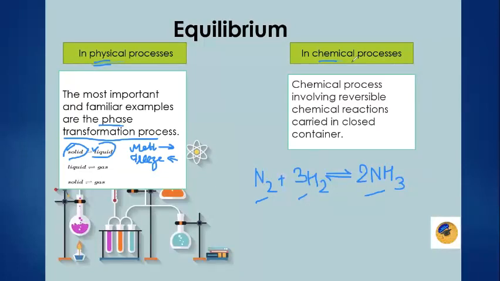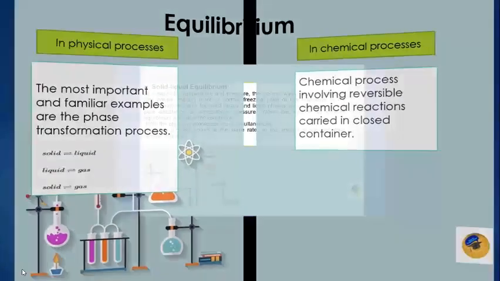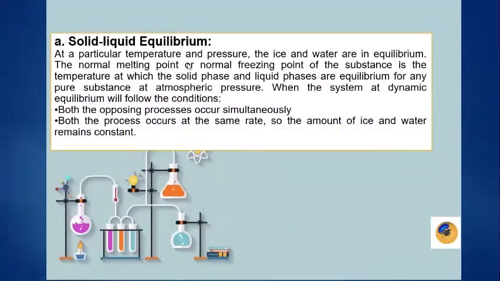Now let's look into equilibrium in physical processes in detail. First, let's look into solid-liquid equilibrium. To understand solid-liquid equilibrium, we should take a common example, that is ice to water.